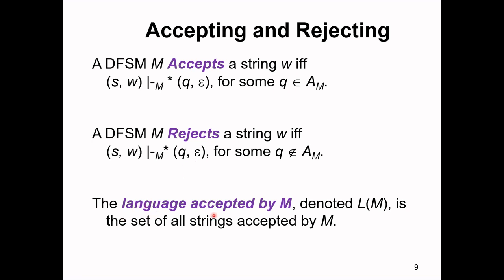The language accepted by M, L(M), is the set of all strings accepted by M. Till now, we discussed the definition of DFSM, its configuration, transition functions, yield, and computations.